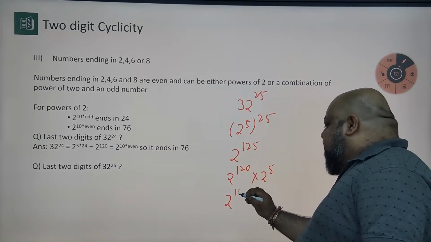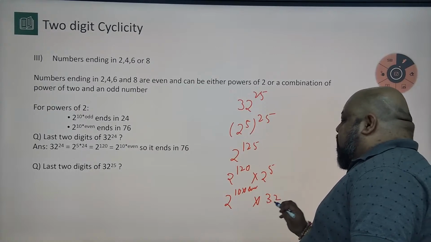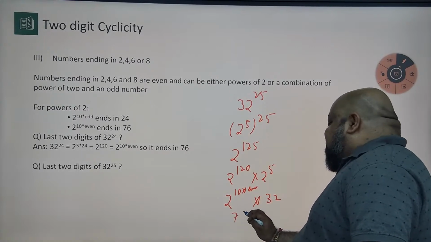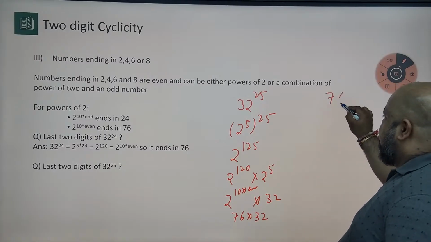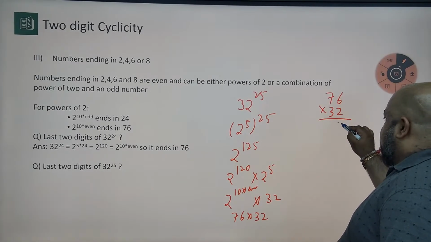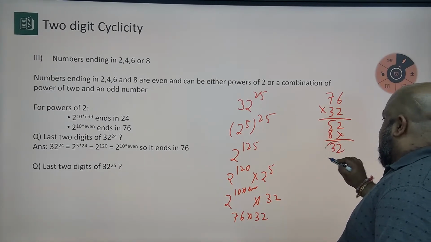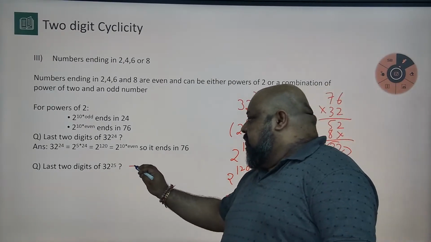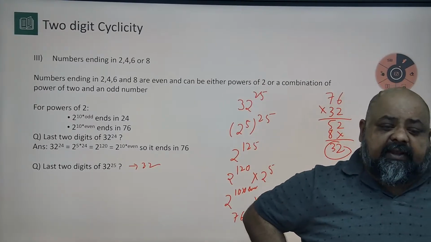This is 2 raised to power 10 into even. 2 raised to power 5 we can calculate as 32. This ends in 76. And therefore the last two digits will be 76 into 32. So this will end in 32. Right?